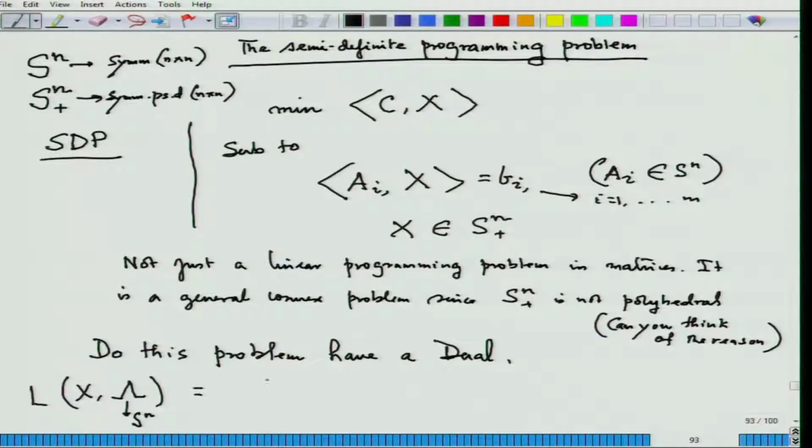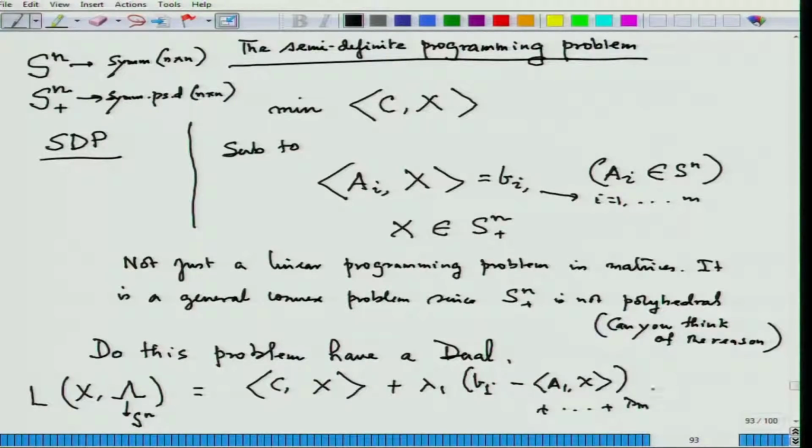This can be written as C of x plus lambda 1 B 1 minus A 1 x, up to lambda m B m minus A m x.